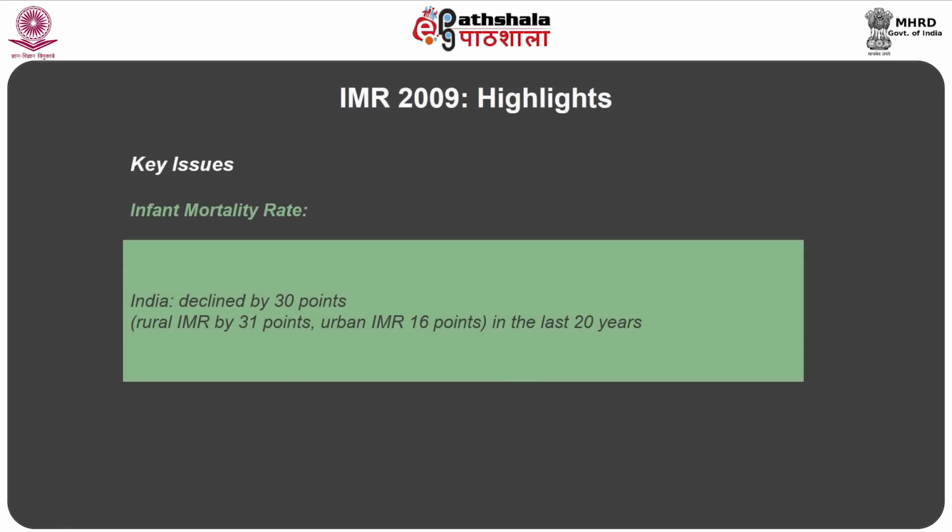In the area of infant mortality, another important indicator of mortality, we can see that in India, the decline was to the extent of 30 points. For instance, in rural, the infant mortality rate declined by 31 points, whereas in the case of urban, the reduction is 16 points, in the last 20 years, at an annual average decline of 1.5 points.